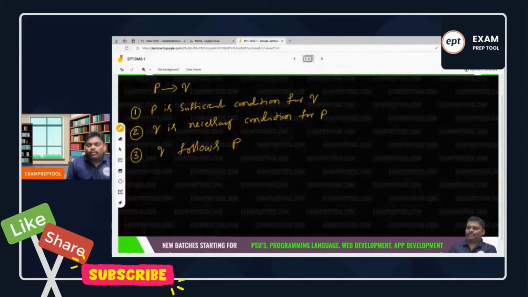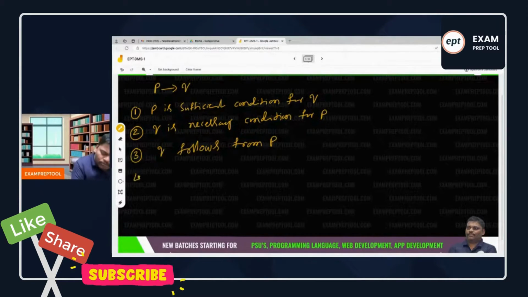You will get Q from P. Q follows P, or Q follows from P. If you want, you can write from P. You got Q from P. Q follows from P means Q is the conclusion from P. That is the meaning of this.